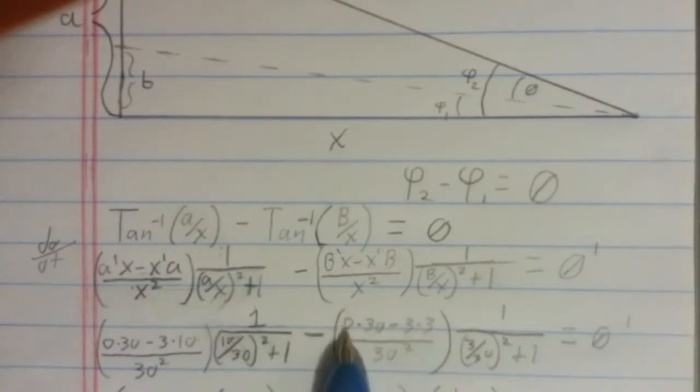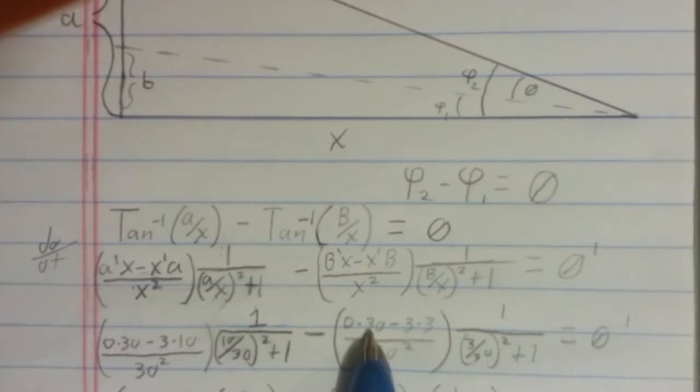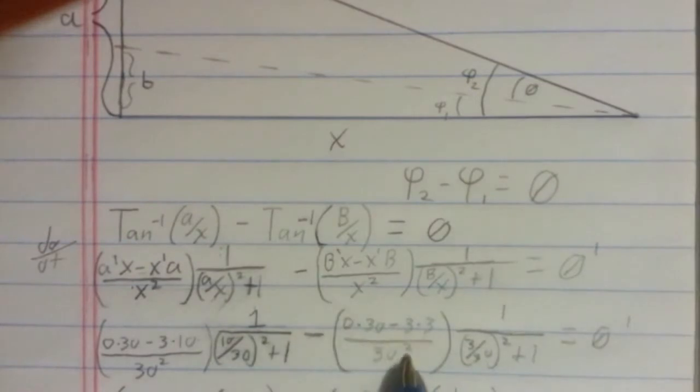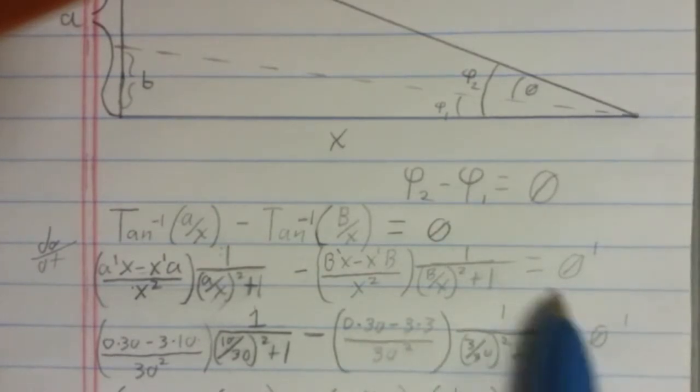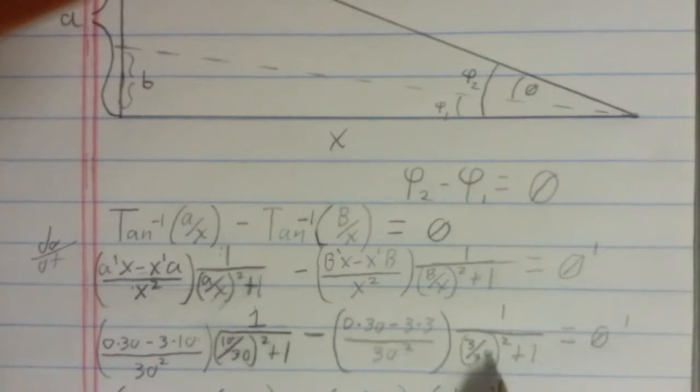Same thing happens here, as the rate of change of b, it being a constant, is 0, multiplied by the x at our given time, subtracted by the x prime multiplied by b, all over our x squared, and our same arctangent function, only with the b in place of our a.